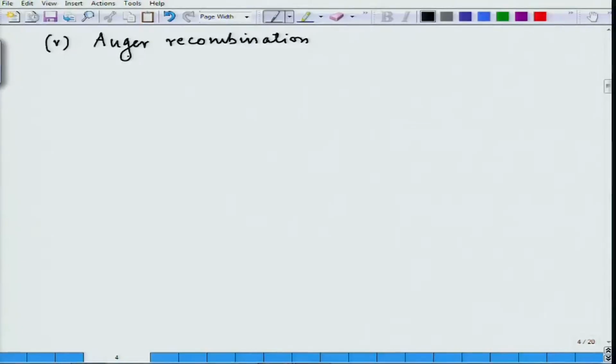The r is silent and it is spelled as Auger, and in this process basically we have an electron at a very high energy, and it has a collision with another electron.